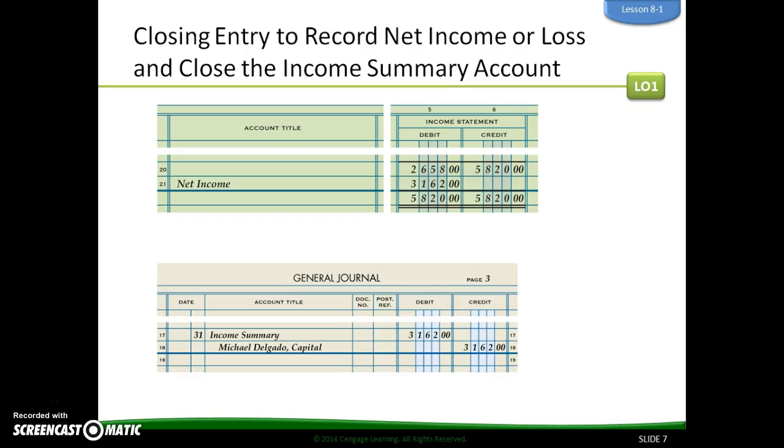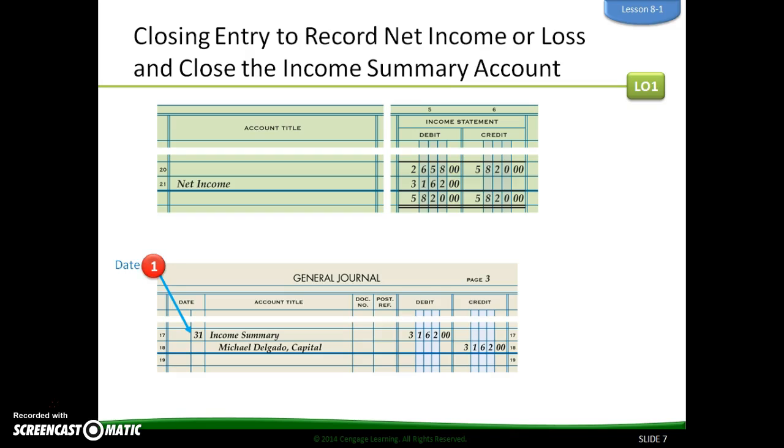So then we have our net income amount, which is $31.62. We also, in our income summary account, are going to have a closing entry there of $31.62, and when we close out our income summary account, we're going to put that in the capital account because now we are characterizing that income as owner's equity.